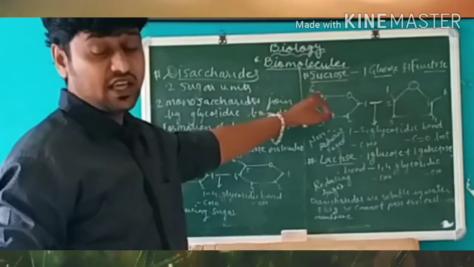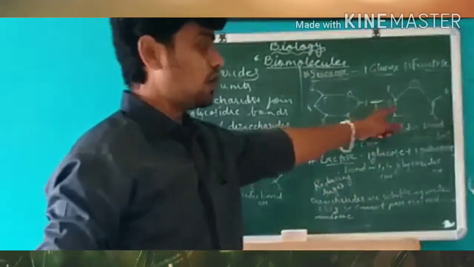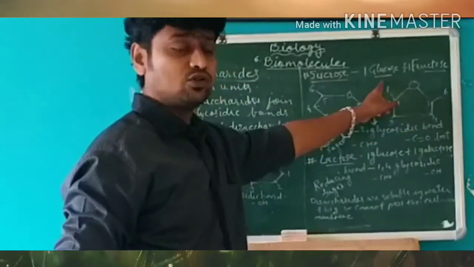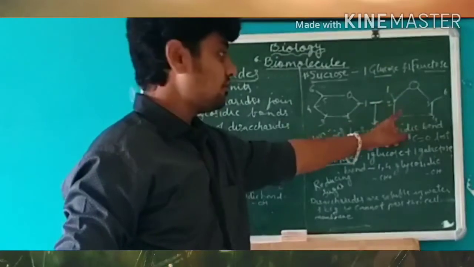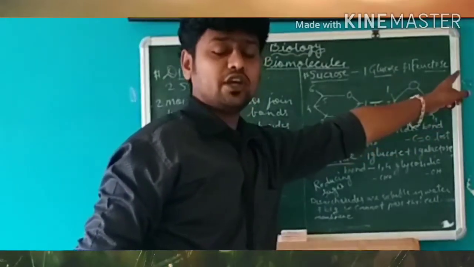It's a hexagonal ring. And fructose is a pentagonal ring. It has one oxygen, the first carbon is branched outside, then the second, third, fourth, fifth carbon, and the sixth carbon is again branched outside of the ring.